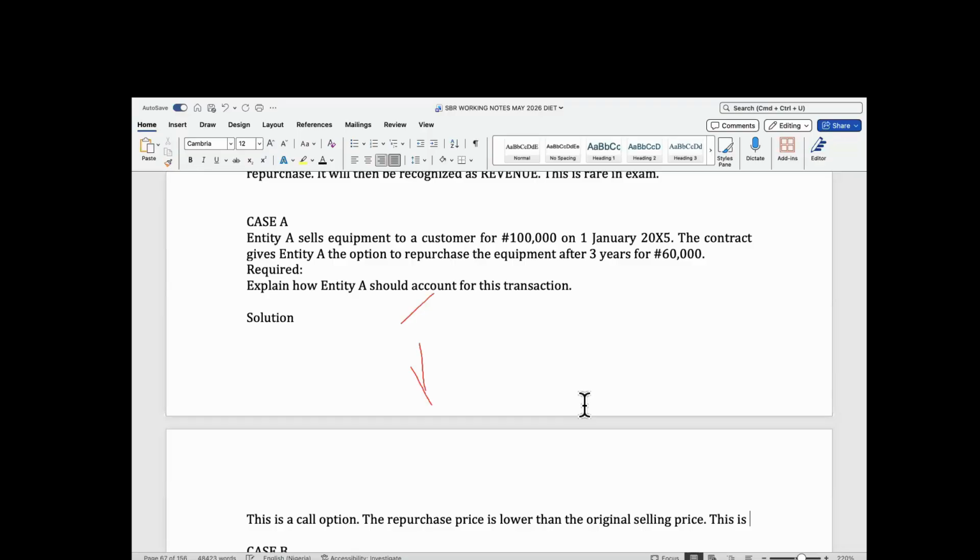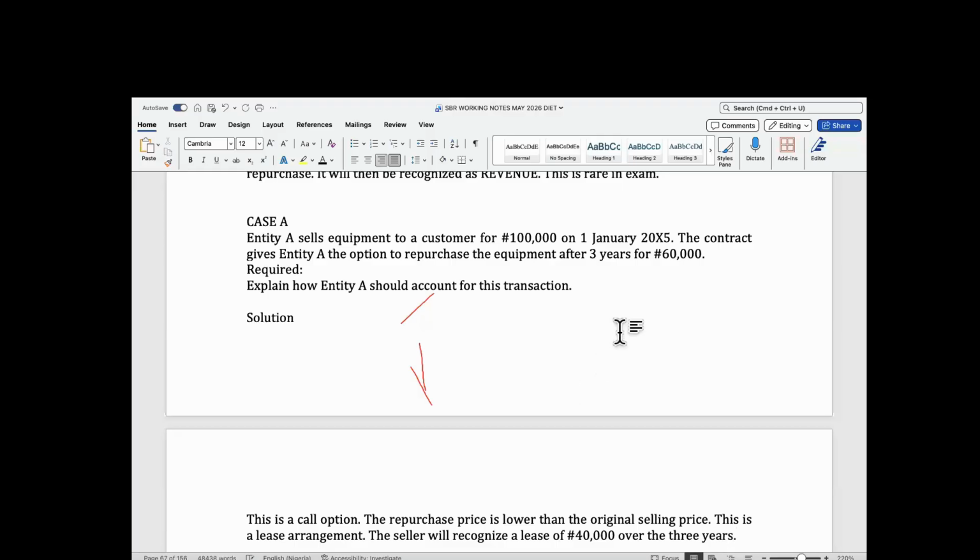It is not a financing arrangement, it is a lease arrangement. Okay, that's correct. So this is a lease arrangement. How much lease income will be recognized over the 3 years? 40,000. Okay, that's correct. So we recognize a lease income of 40,000 over the 3 years.